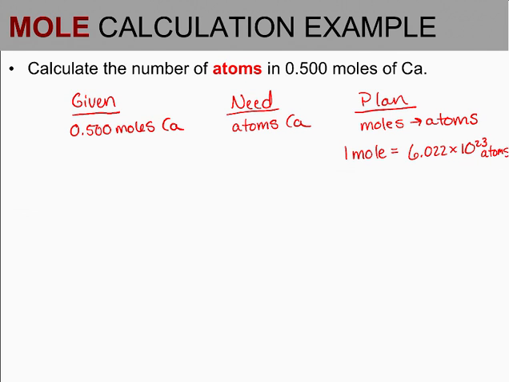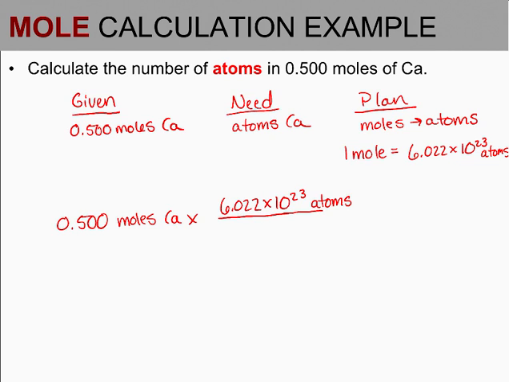So let's set up our problem. Again, we start with what we're given. I'm going to write out my little conversion line there. In the numerator, we want to put the desired unit, which is atoms, so we're going to write 6.022 times 10 to the 23rd atoms.